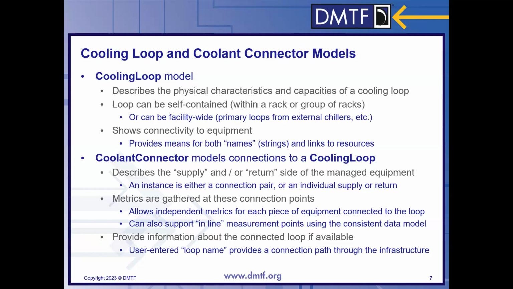But we also allow a connector to effectively render as a pair of connectors, so that you get both a supply and return in one resource. Whether the flow or the temperature measurements are on the intake or the output side, or both, that can all be gathered at once, and that way you can more easily correlate, and you don't have to get overly complicated if that's not necessary. And I'm all for not trying to make things more complicated than they need to be.